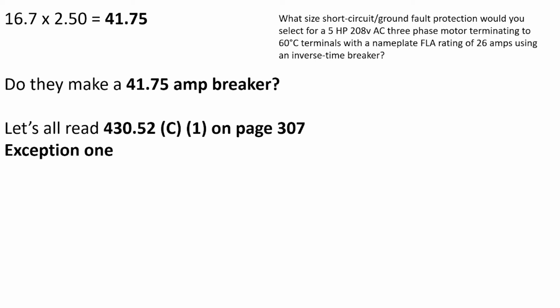In 430.52(C)(1) on page 307, exception 1 says where the values for branch circuit short circuit and ground fault protective devices determined by table 430.52 do not correspond with the standard sizes or ratings of fuses, then the next higher standard ampere rating shall be permitted. So you can do it in this case.